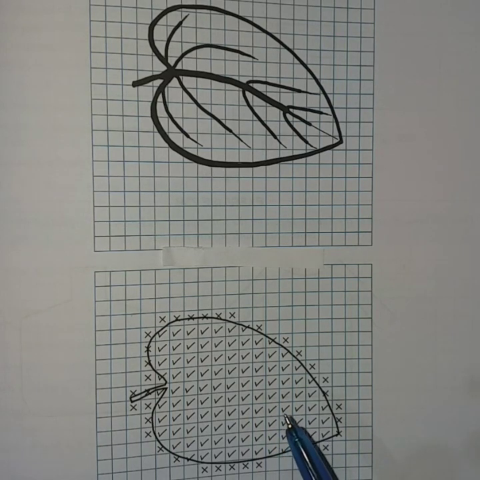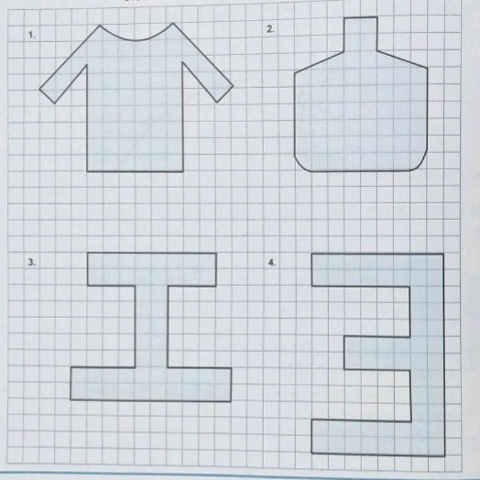Now question number 1, 2, 3 and 4. Here you have to count the squares which are inside the boundary, the squares which are more than half inside the boundary, and the squares which are half inside the boundary.